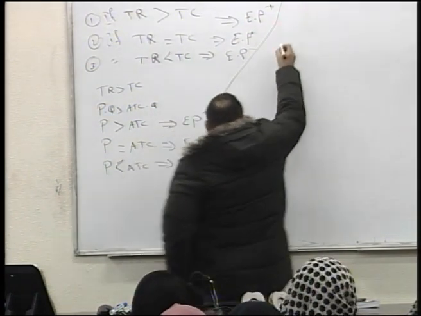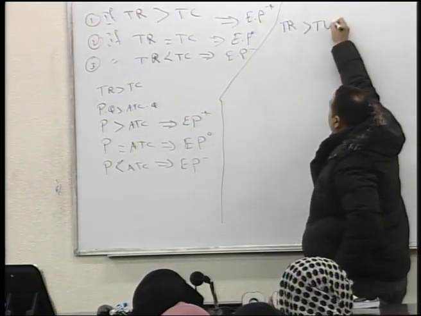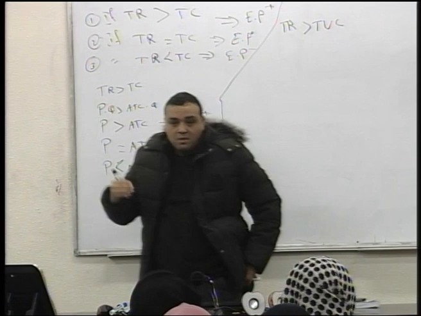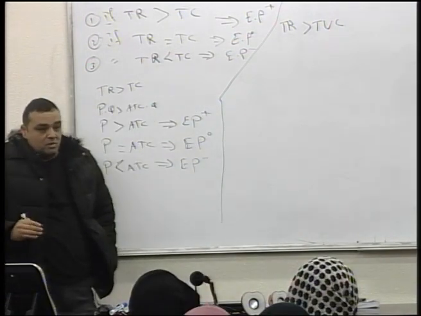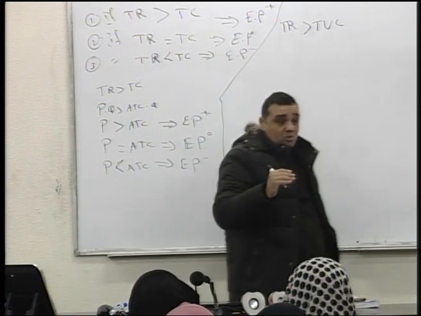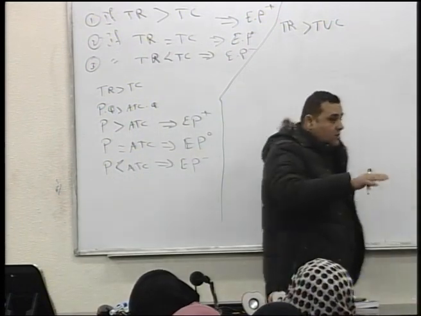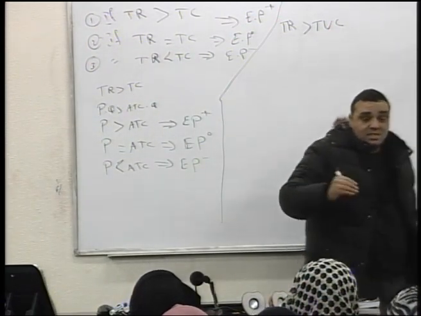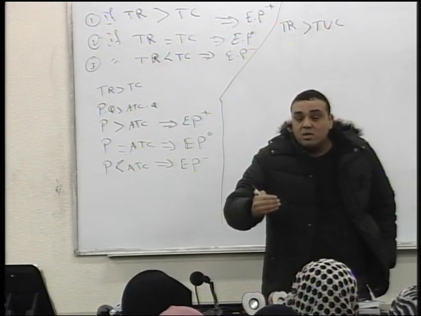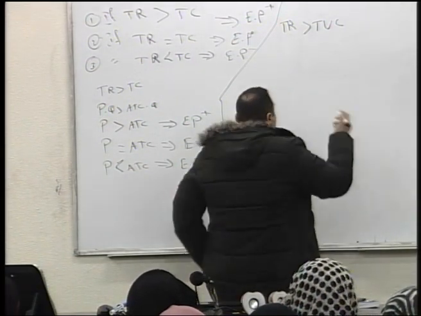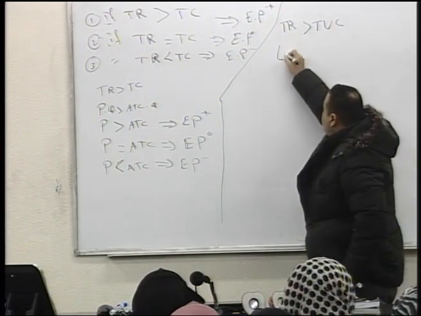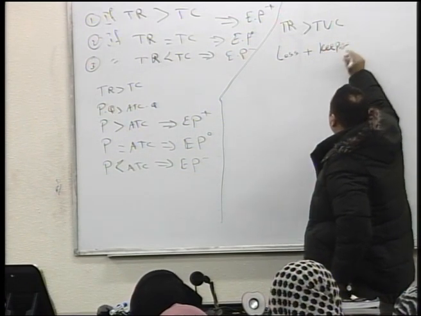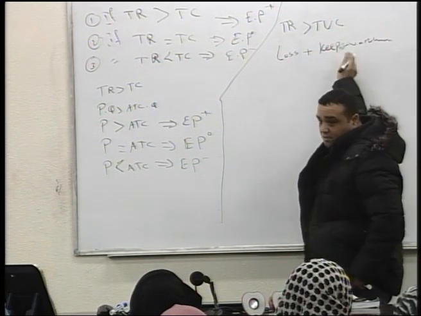We said that if total revenue is bigger than TVC, we advise the business to keep working in order to minimize the loss. Sometimes the business faces a loss, but it has to keep working. This is our advice.